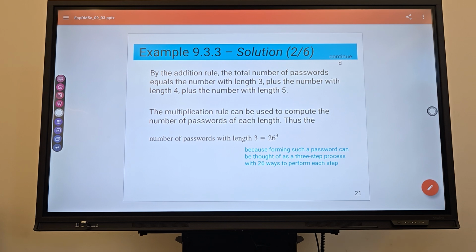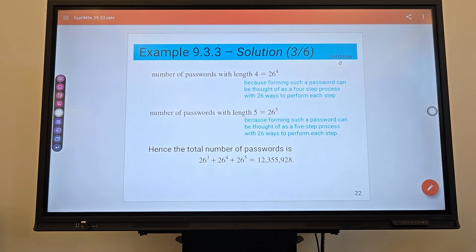The multiplication rule can then be used to compute the number of passwords for each length. Thus, the number with length 3 is 26 to the third power, length 4 is 26 to the fourth power, and length 5 is 26 to the fifth power. Add that all together, and the number of passwords is a little over 12.25 million.